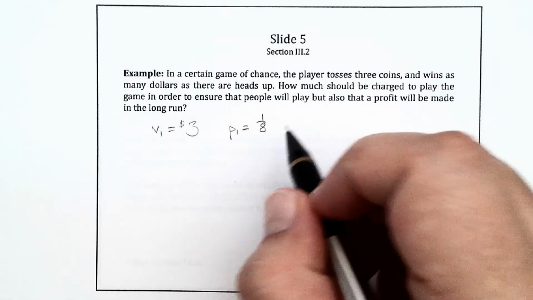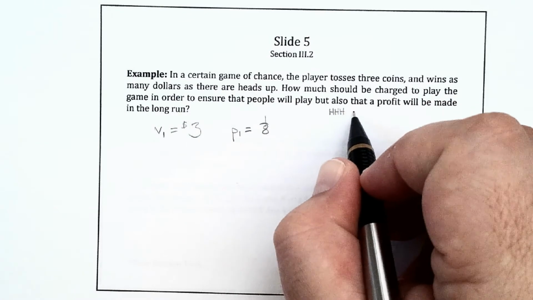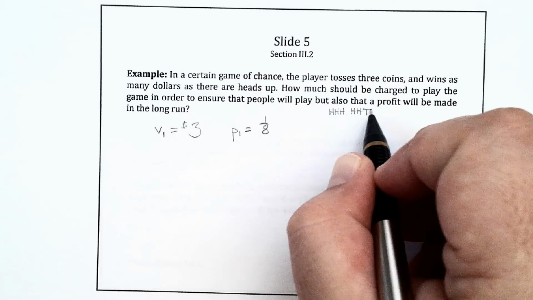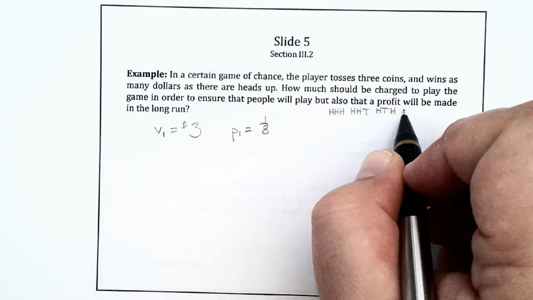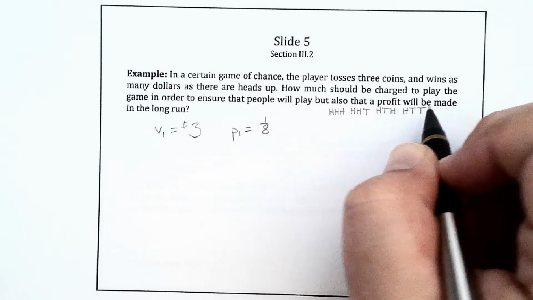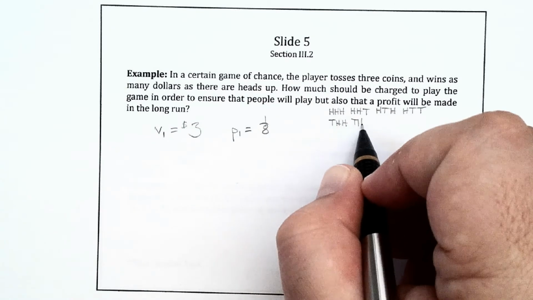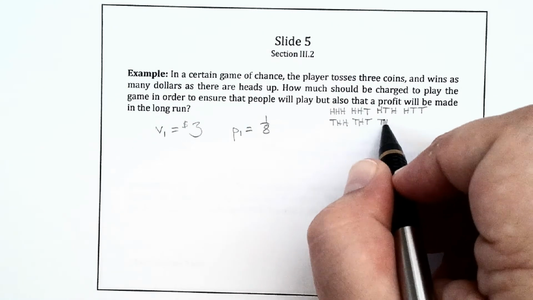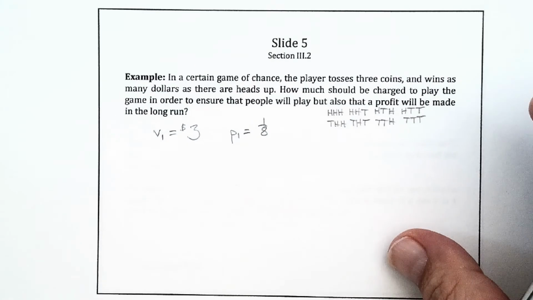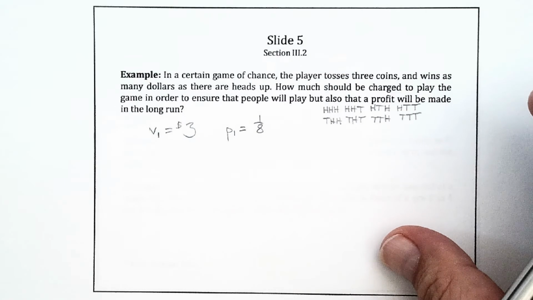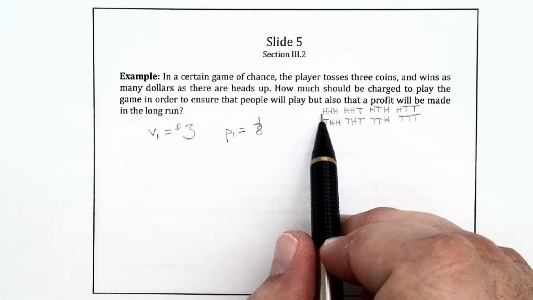Remember, there's 8 total outcomes here. I can list them quickly. Heads, heads, heads. Heads, heads, tails. Heads, tails, heads. Heads, tails, tails. Tails, heads, heads. Tails, heads, tails. Tails, tails, heads. Tails, tails, tails. And there's only one way of getting 3 heads up.